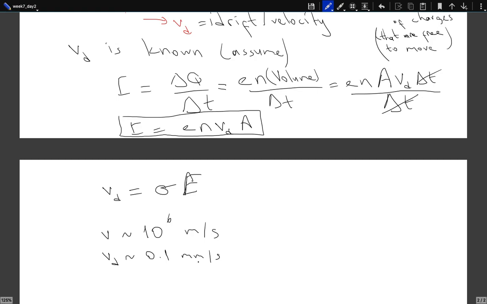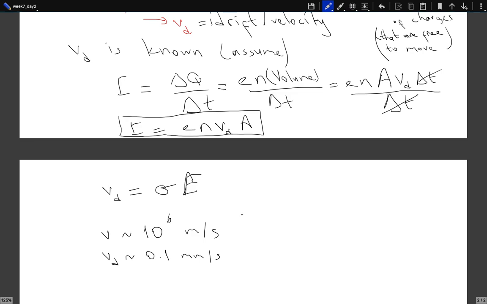The speed of the electron changes from this much to this much plus 0.1 millimeters per second, so you don't really need to care about that. It changes gradually, but just a definite shift. So that is why the drift velocity is on the average proportional to the electric field itself, because what we are really interested in is the average change in the velocity. The average change is just some constant.